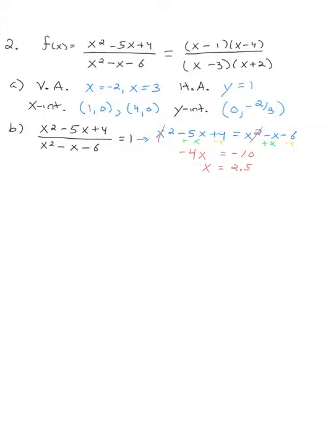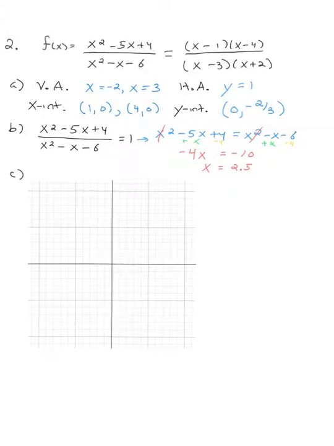So with all this information, I now want to graph the function. So here's my grid. Vertical asymptotes at negative 2, as well as positive 3. Okay, so that's here.